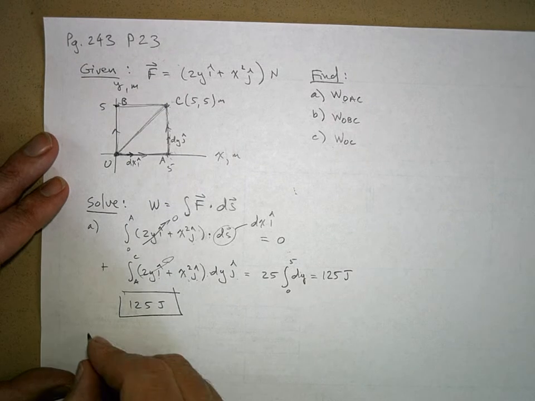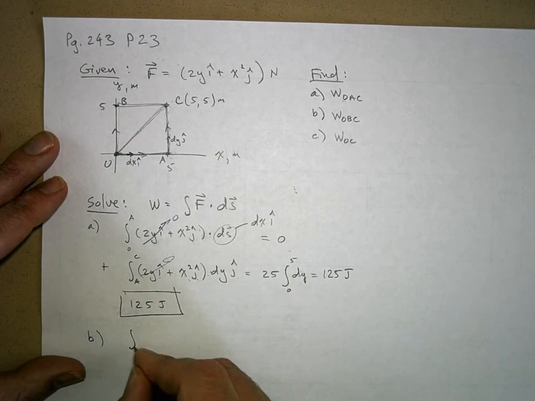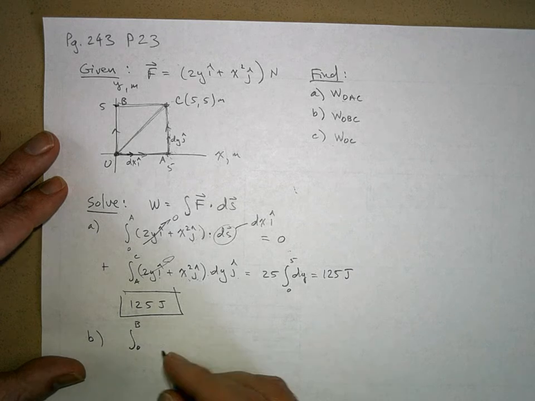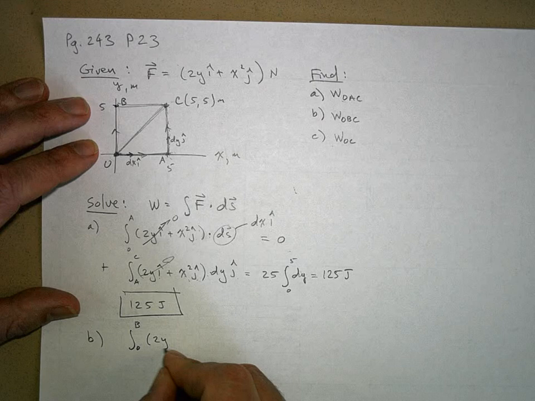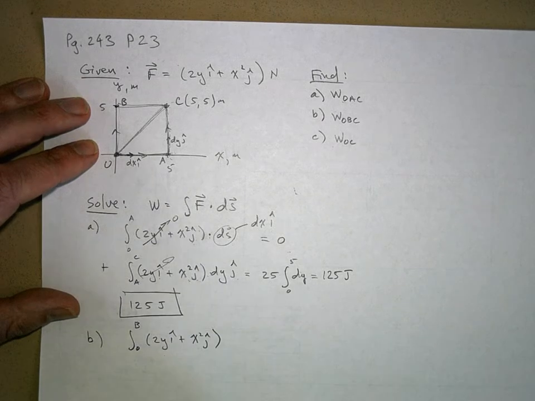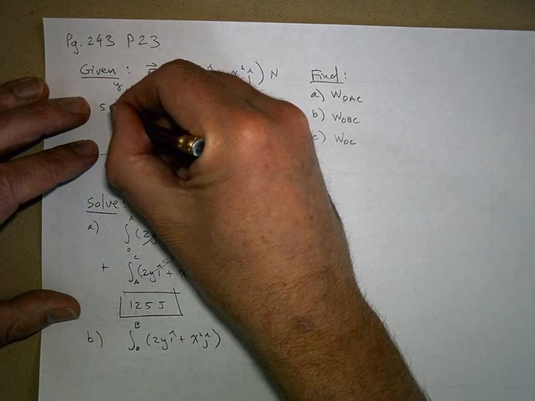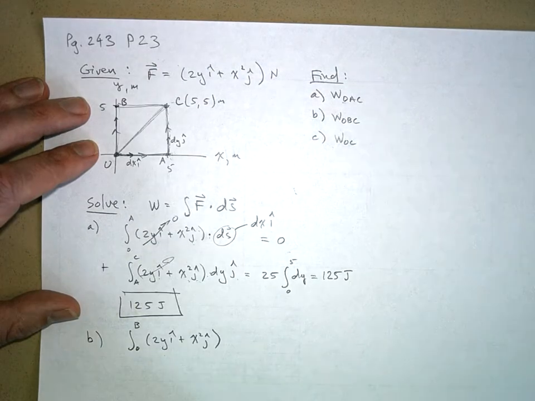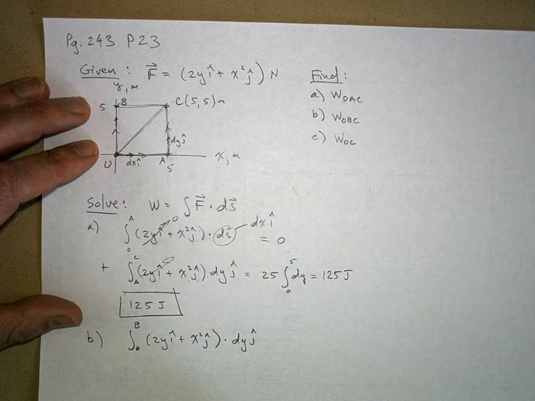All right, here's part B. We're going to go through the same thing now. We're going to go from O to B. And I'm going to say this is 2y I hat plus x squared j hat. And if I look at my little ds's, they're all in the y direction. So this is going to be a dot dy in the j hat direction.